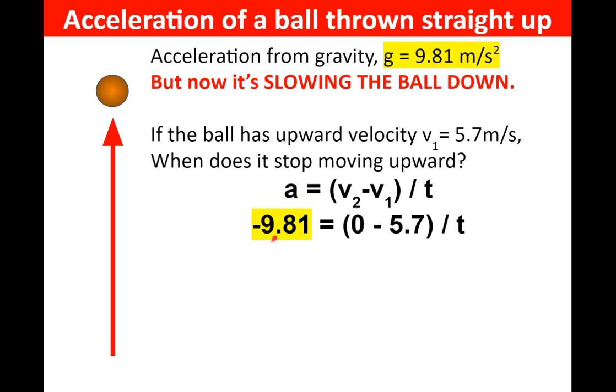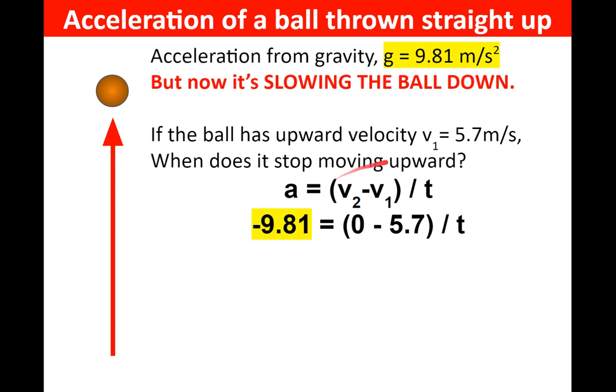Now this 9.8 is negative because it's going in the other direction. It's going against our velocity. It's taking away from the velocity. So we're going to have this velocity, but every second that it's traveling, gravity is slowing it down. So this is negative.